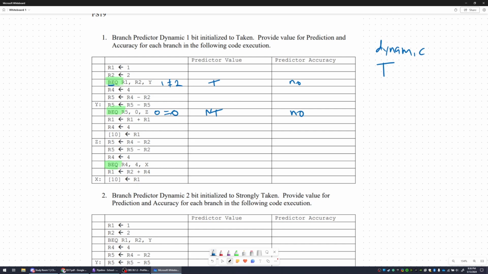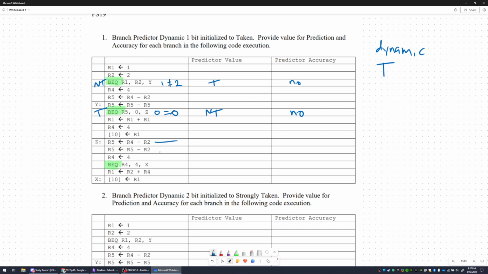So this one was branch on equal, and it wasn't equal, so it was not taken in reality. This one was branch on equal, and it was equal, so it was taken in reality. So now if we compare these, they're wrong, and this is wrong. Okay, I think we should do it like this. So this one, we actually did take the branch, so that means we jump to this line of code.